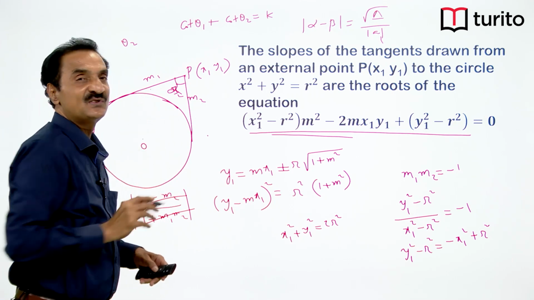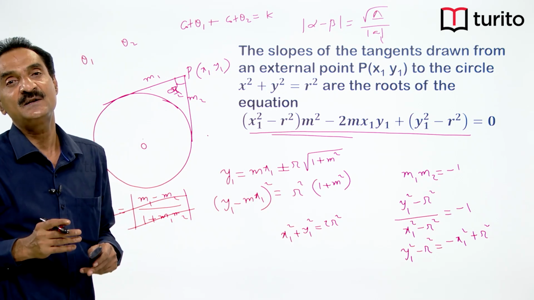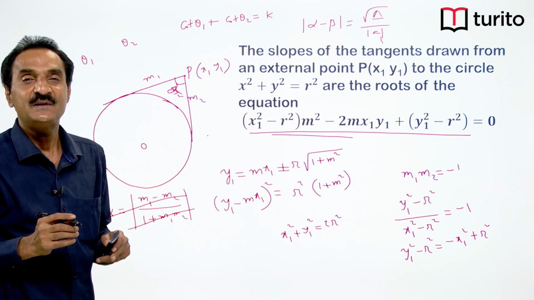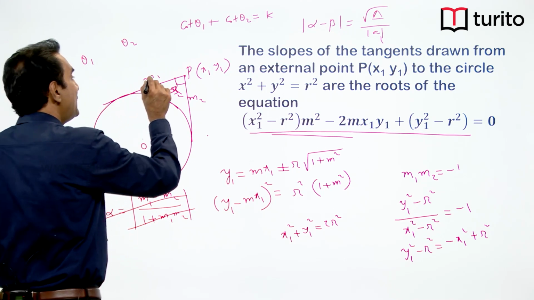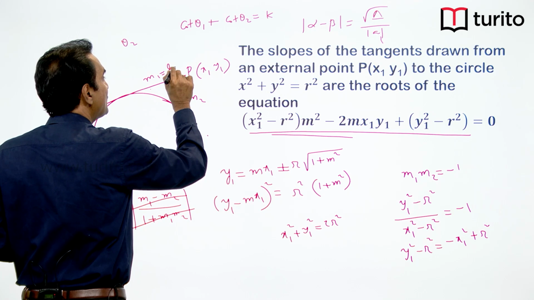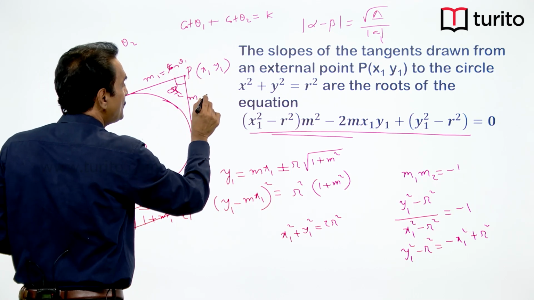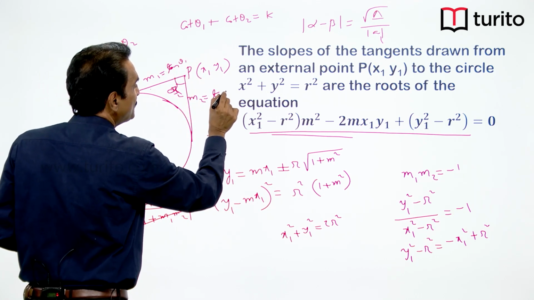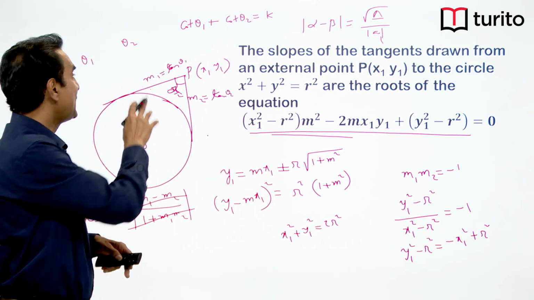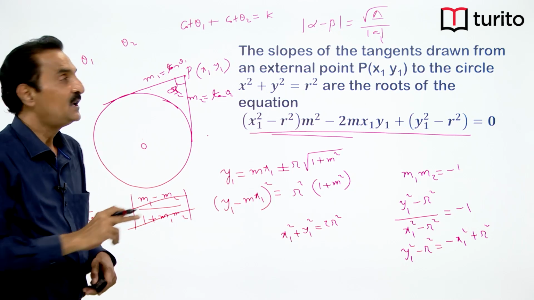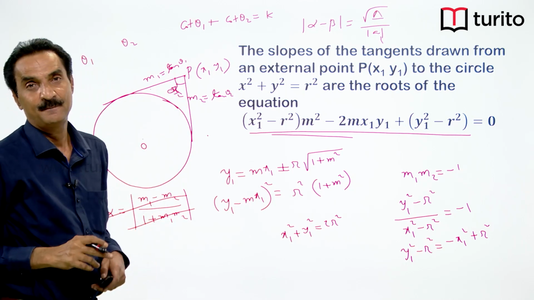If these two lines make angles theta 1 and theta 2 with the x axis, their slopes are tan theta 1 and tan theta 2. So, m1 is tan theta 1, m2 is tan theta 2, and the given condition is this. If the tangents move according to this condition, what is the locus of P?